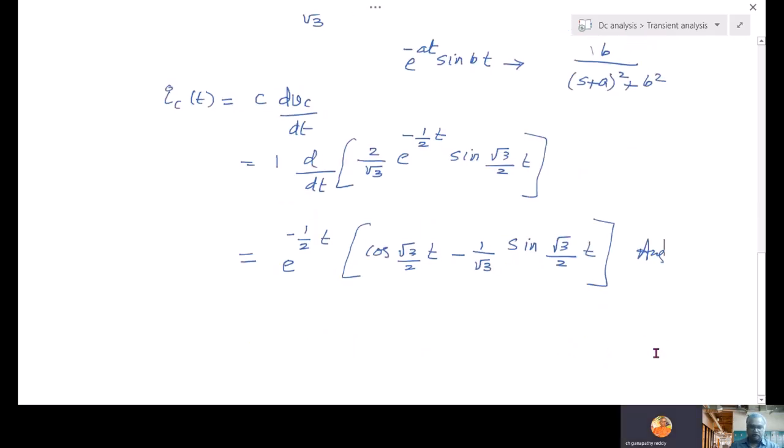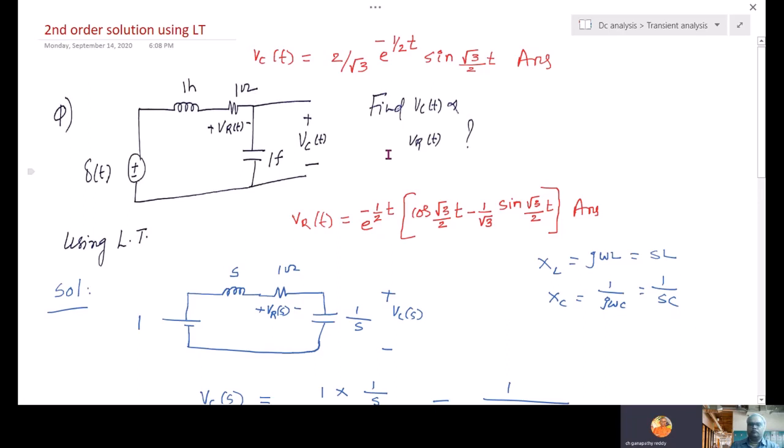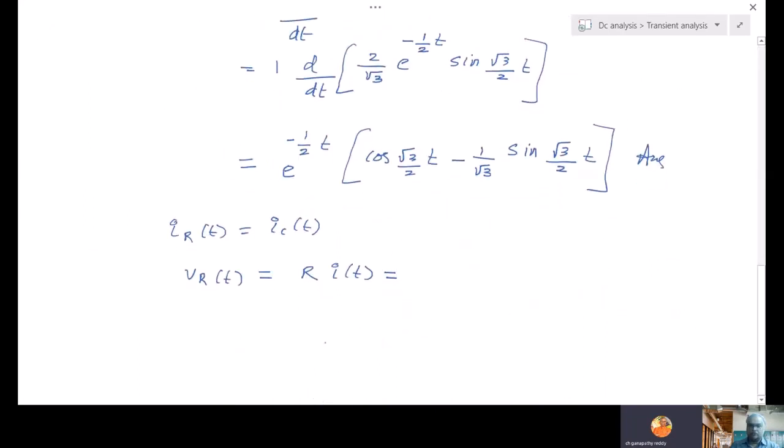And IR of t, IC of t, all are in series, no? So IR of t is same as IC of t. Then we want VR of t. VR of t is nothing but R into I of t. What is R value given? 1 ohm. So this is 1 into IR of t, which is nothing but IC of t.